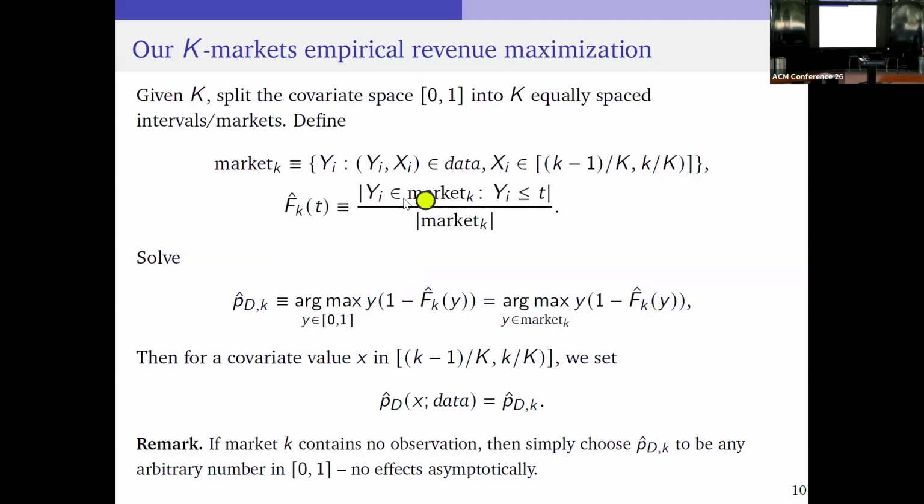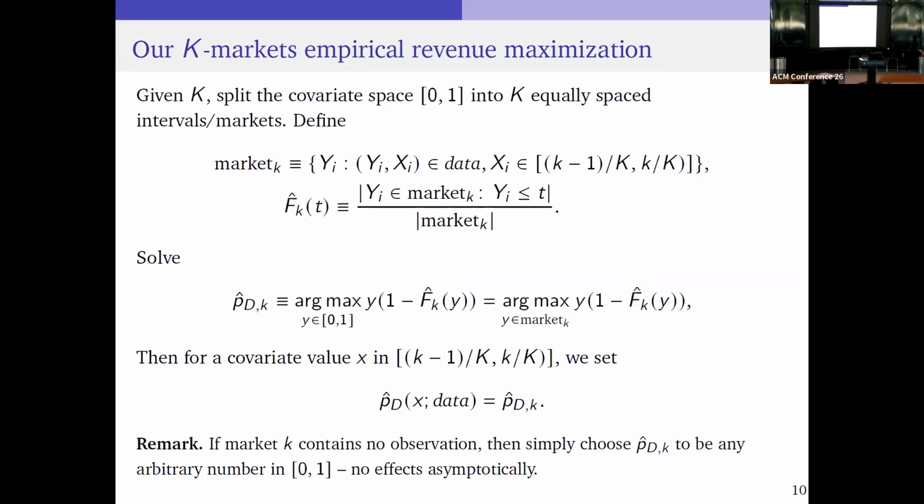Within the k-th market, you look at how many observations are in the k-th market, and how many observations are below a given price. This is a conditional empirical CDF, and then you just maximize based on that. This is why it's called empirical revenue maximization.